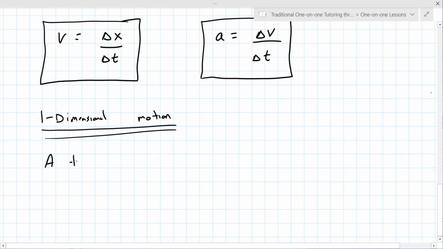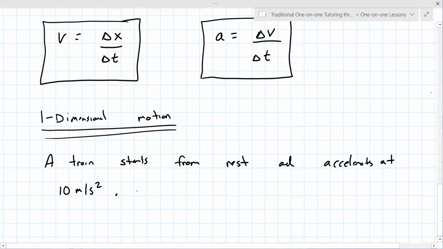A train starts from rest and accelerates at 10 meters per second squared. How far has the train traveled in 5 seconds?